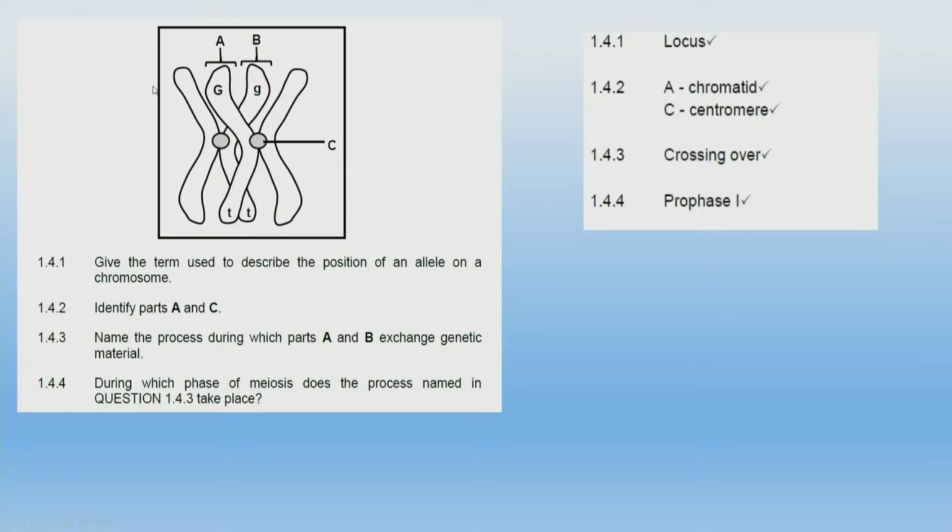So if they draw it and they color it in or exchange the genetic material, they will indicate the chromatid, a centromere, and this is the chromosome. So that is where the marks will be allocated. So in a different way, they can ask meiosis like this, giving homologous chromosomes where they are crossing over, as an example in this specific question.